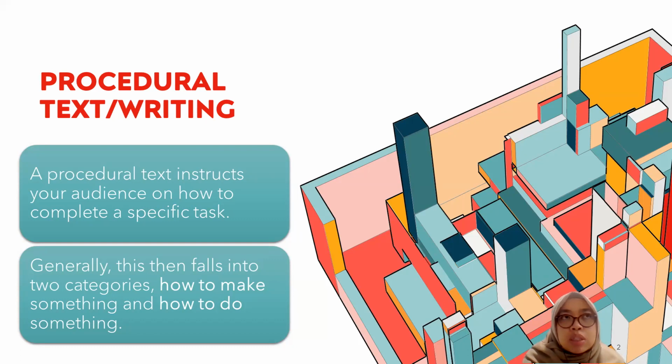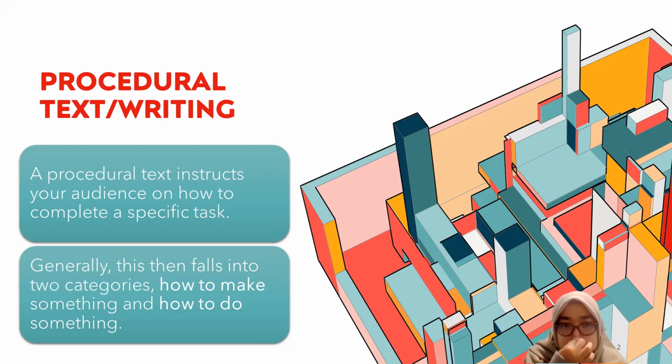Jadi ini writing atau tulisan yang memberikan instruksi, ya, memberikan instruksi kepada target audiens kita agar menyelesaikan suatu tujuan. Di sini bilangnya specific task, ya. So it doesn't have to be a task, it could be any activities, but in sequential, ya. Jadi berurutan, gitu ya.